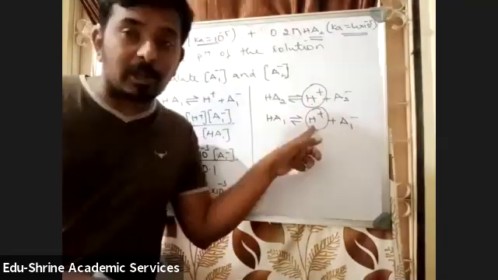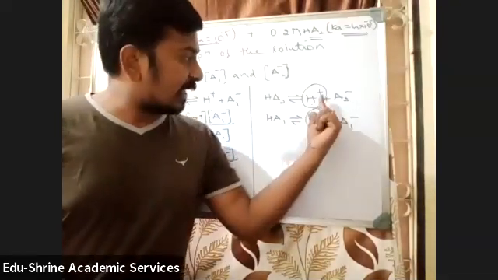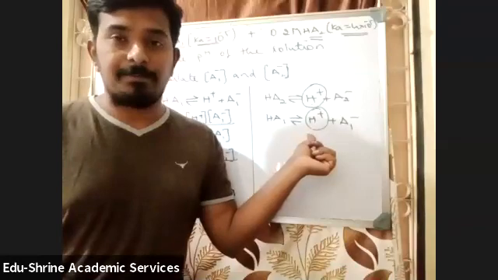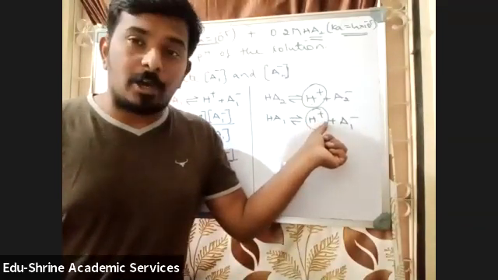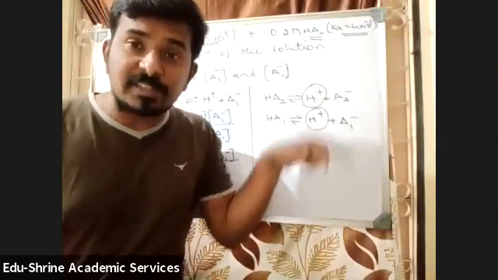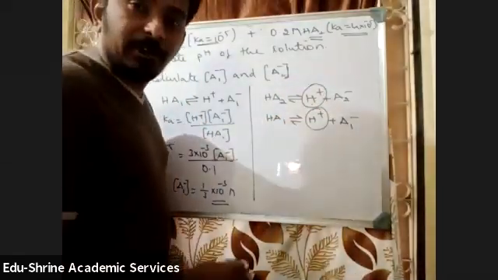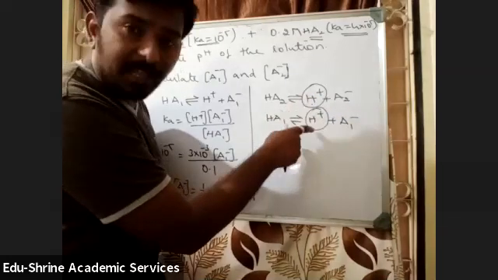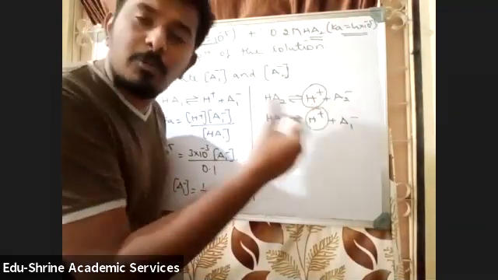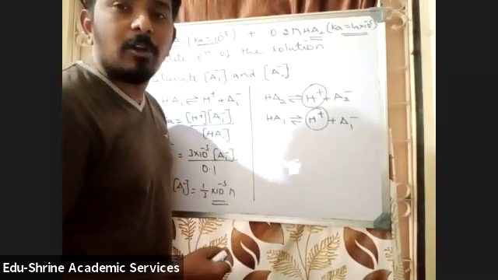You know what we mean by common ion effect. So this H plus ion is common from both the acids. So what happens? Due to the presence of common ion, the concentration of H plus ions decreases, no? So overall the concentration of H plus ions, as both are weak, will be almost the same.